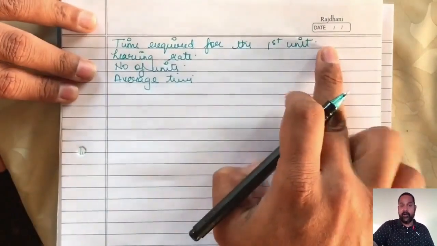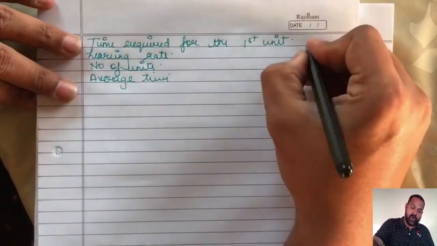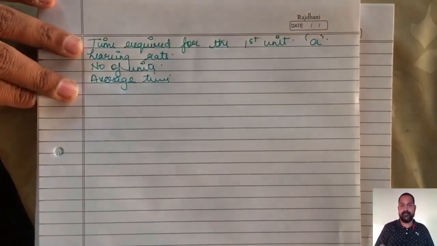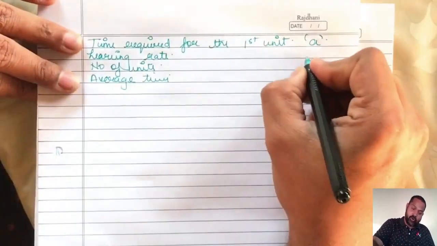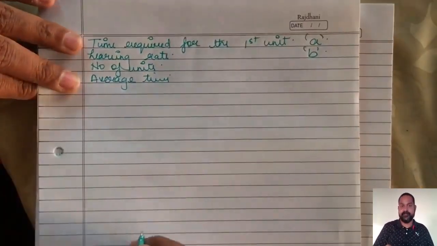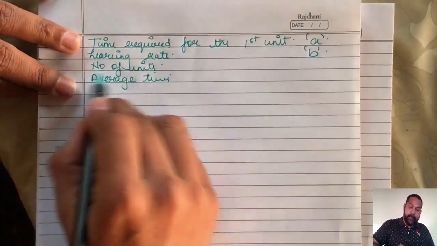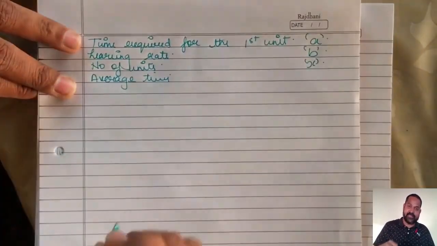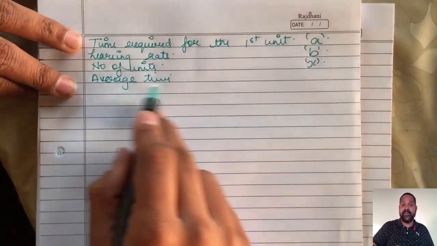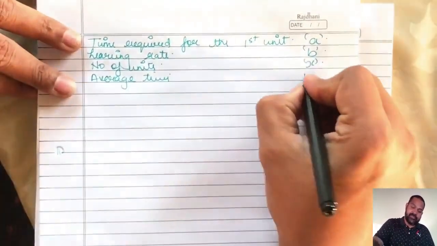The time required for the first unit is called A. The learning rate is called B. The number of units is called X. And the average time per unit is called Y.